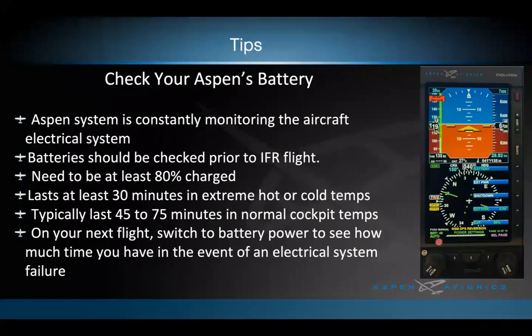That switches auto to manual, and you dial the left knob down to as low as you can comfortably see. You don't want to strain your eyes, but if you can dial this down lower, to say 20, that's going to extend the life of the battery, because the display brightness is what's eating up the battery life. So if you can just dial that down to where you comfortably see it, it really helps extend the battery life.